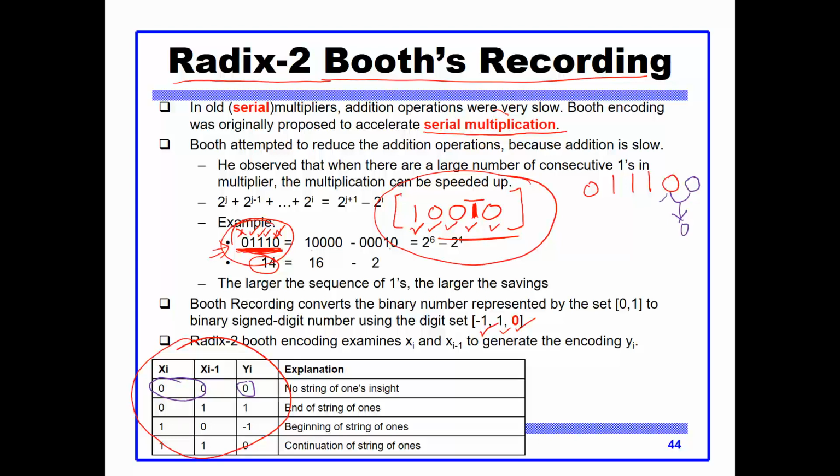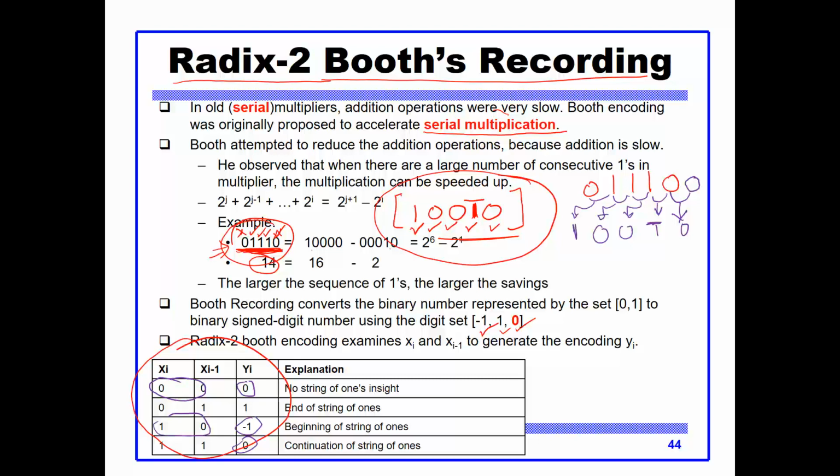Then 1, 0. 1, 0 is encoded by what? By minus 1. And then 1, 1 is encoded by 0. And 1, 1 is encoded also here by 0. And 0, 1 is encoded here by a 1.